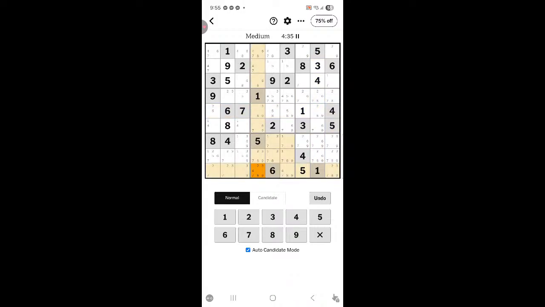Well, if this is 7, 2, 7, 2, 3, and 7, 2, 3. Those are the positions 7, 2, 3 can be in. They can't be anywhere else. So this is not 3, so 9.